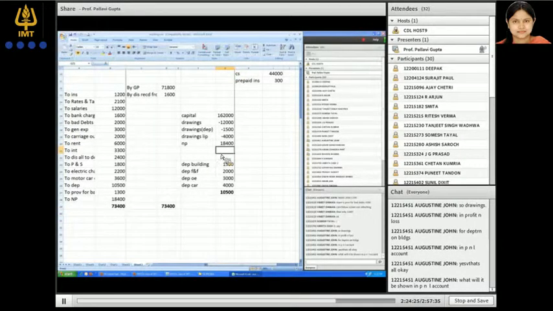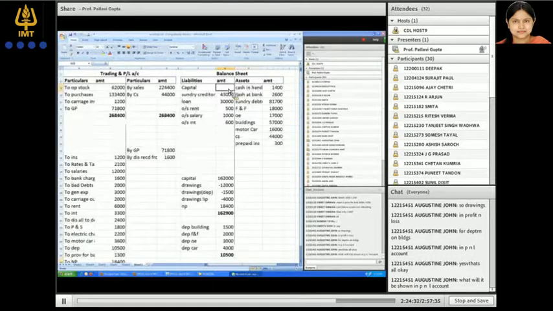Here I will take the total for the partner's capital account, 162,900, and this I will transfer to the balance sheet, and now I will total the balance sheet. Balance sheet is tallying.